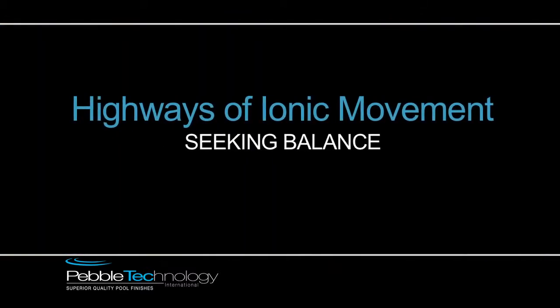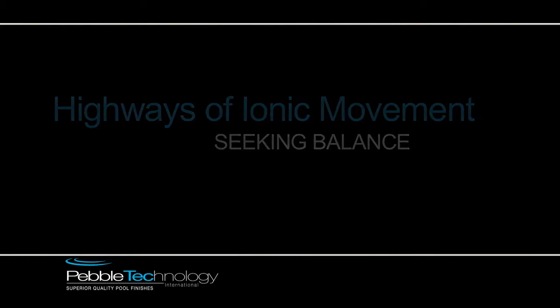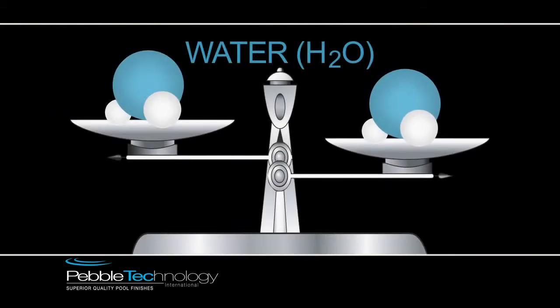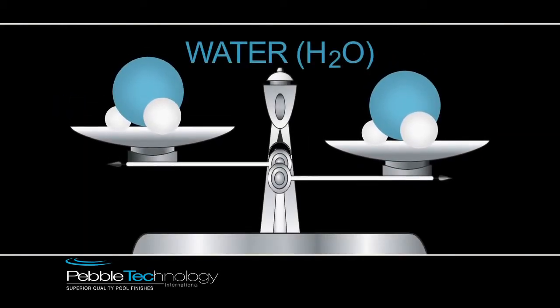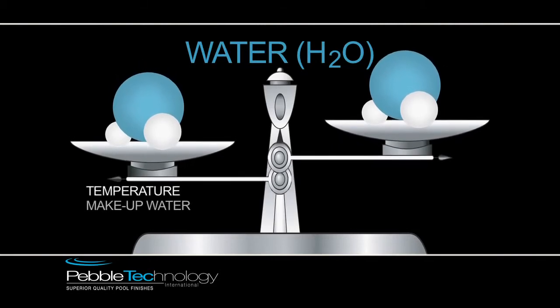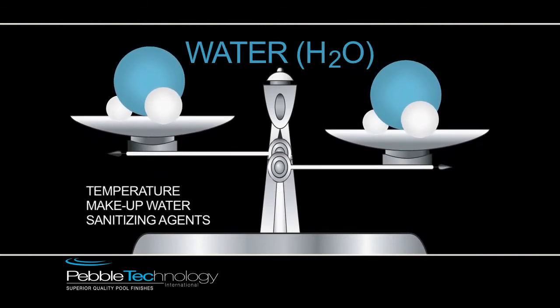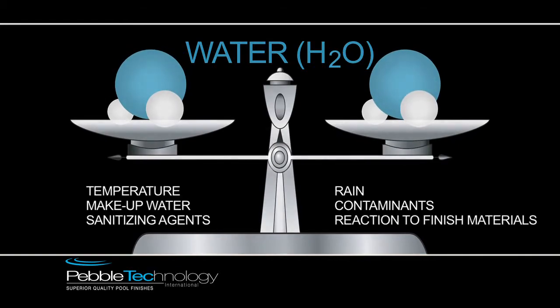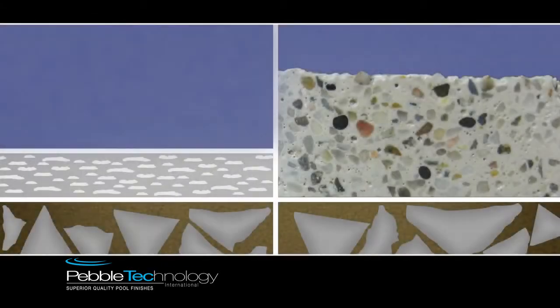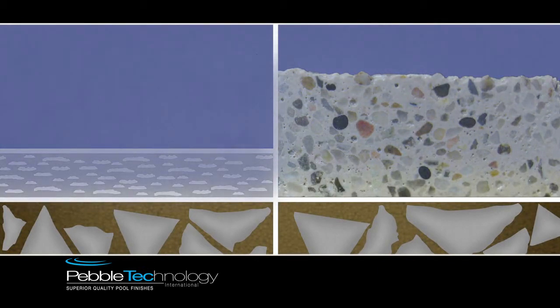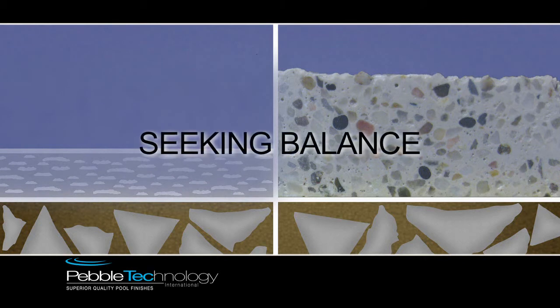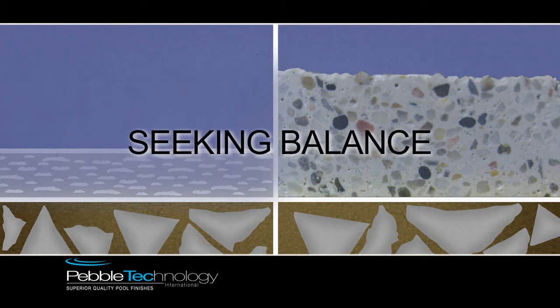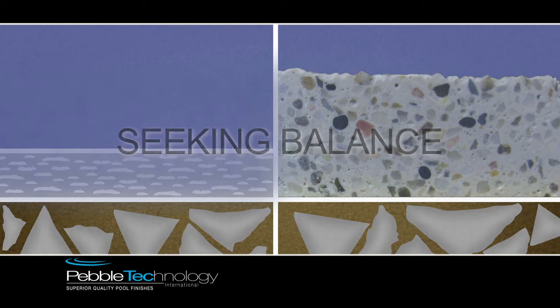Highways of ionic movement, seeking balance. Water is constantly seeking a balanced state. It is constantly changing due to temperature, makeup water, sanitizing agents, rain, contaminants, reaction to finished materials, etc. A cementitious material is not waterproof and therefore allows water to saturate the finish. This water is again seeking balance and will therefore move towards the opposite stage.